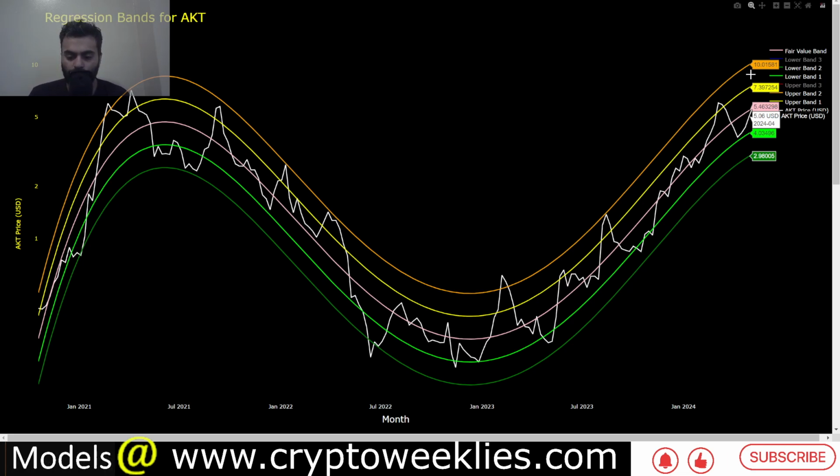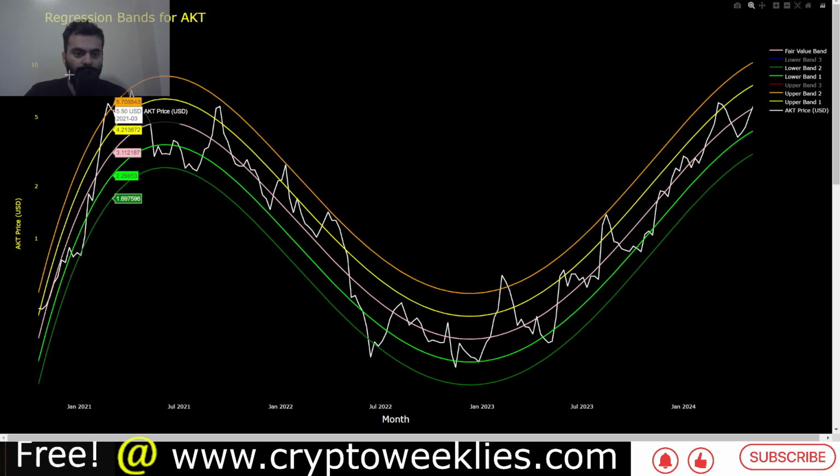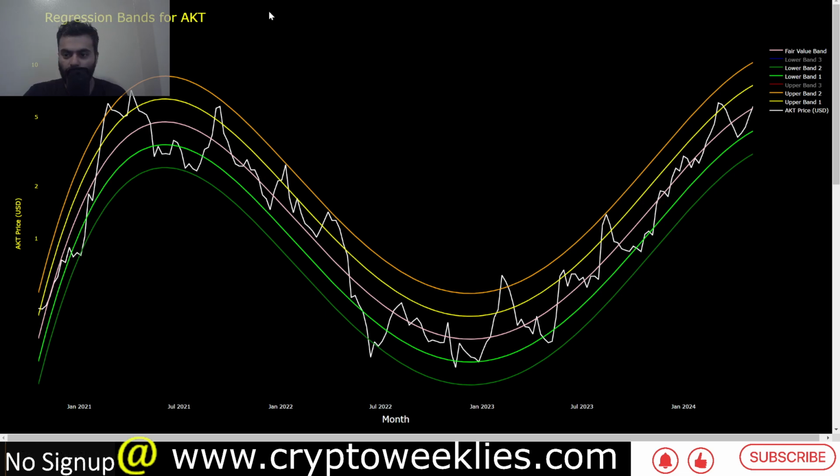So that should at this time provide some sort of support if there were a pullback, and a resistance if there were a rally. So those levels to watch are the $7.60 level and the $10.30 level to the upside, and the $4.15 level and the $3 level to the downside. So this is again a risk band approach. Per this band, Akash right now is not overvalued or undervalued. It's trending really close to its fair value.